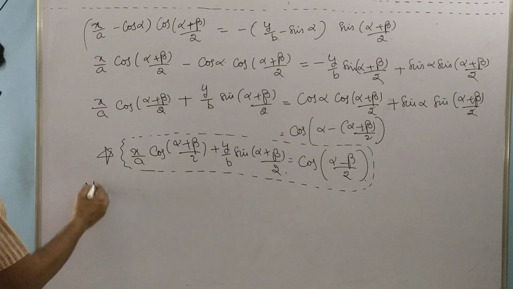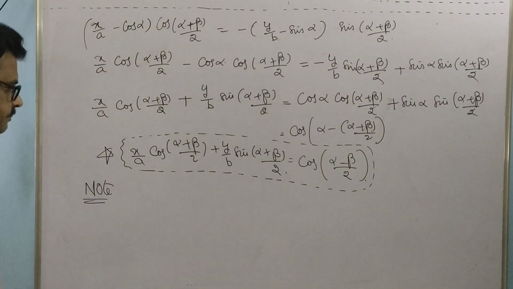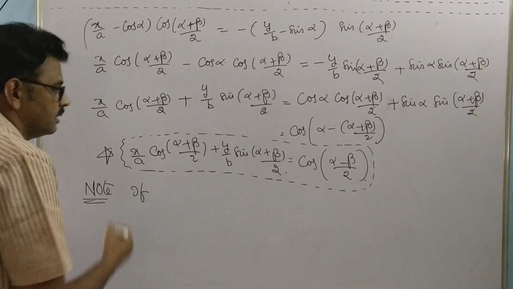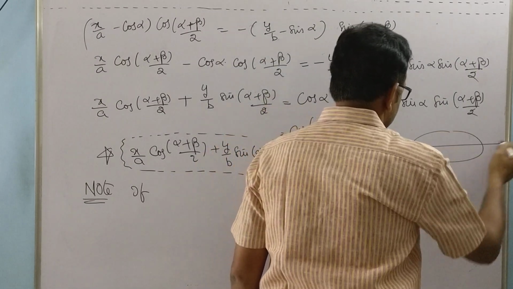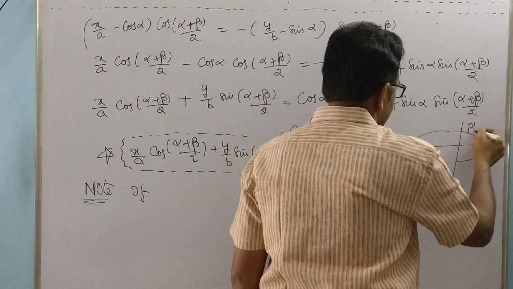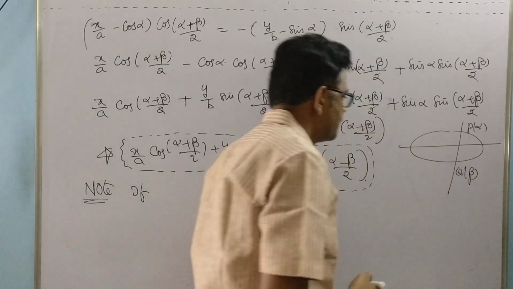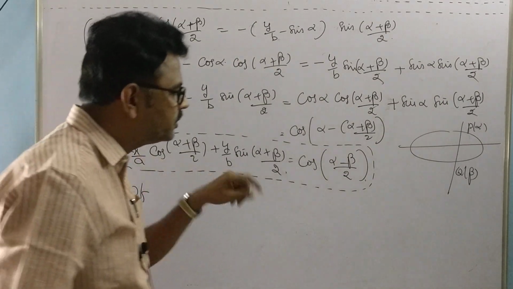So from this note, if the chord is a focal chord, so this is P alpha and Q beta. If the chord is a focal chord, it implies it passes through the focus.